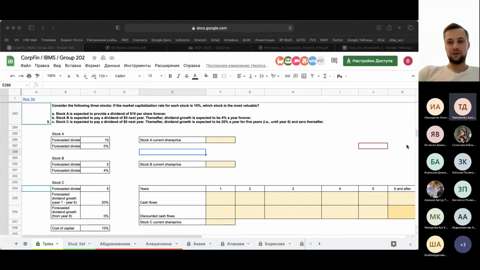Konstantin, I also see the raised hand, but actually check if you have some growth in dividends, because we still have some growth before year 6, right? Please check.